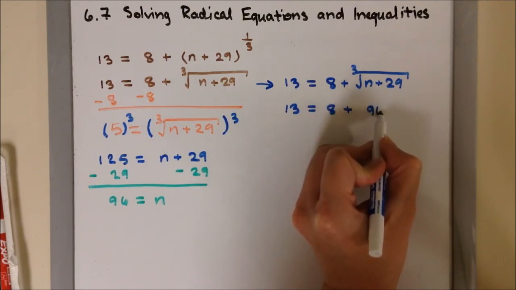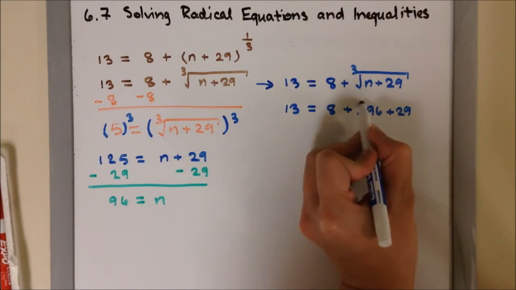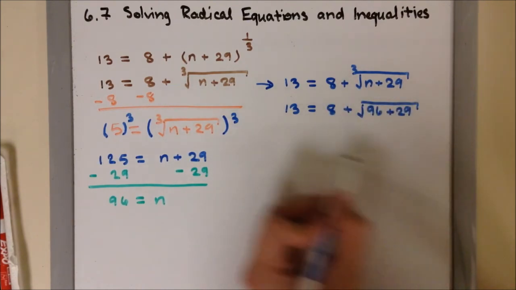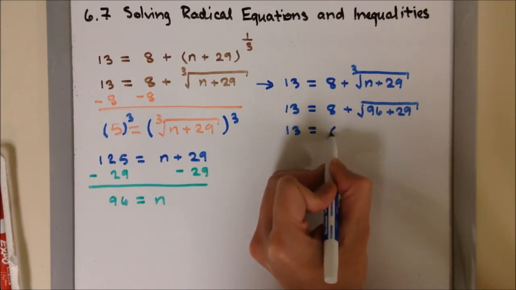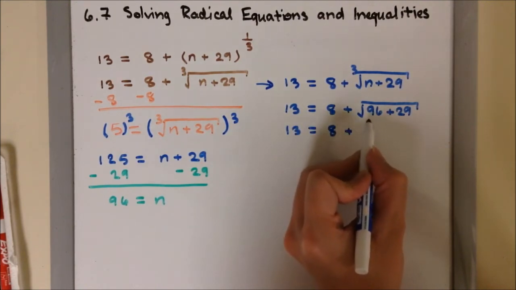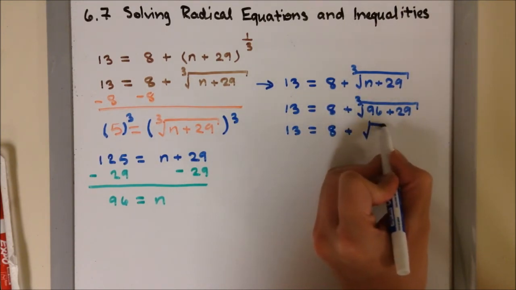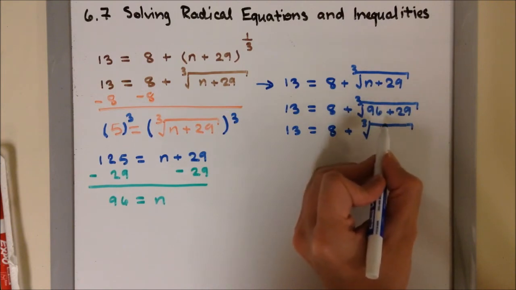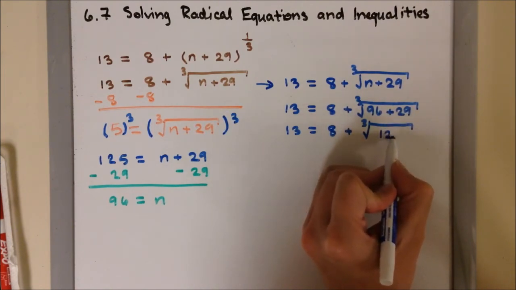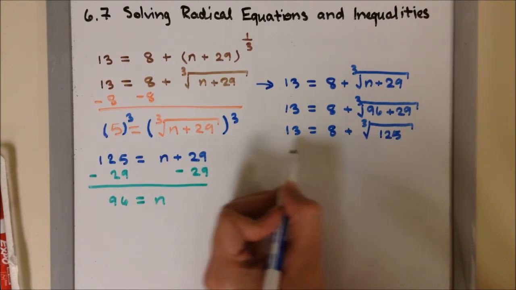So 96 plus 29 inside the cube root. It's 13 equals 8 plus, inside the cube root will be, let's see, 96 plus 29. That will be 125. The cube root of 125 is 5.